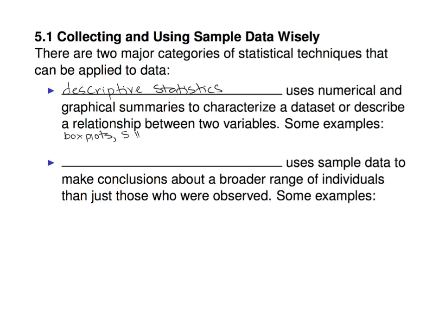Five number summaries. Things like the mean, the standard deviation, regression lines. All of these things use either numerical or graphical things to characterize the data set that you described.